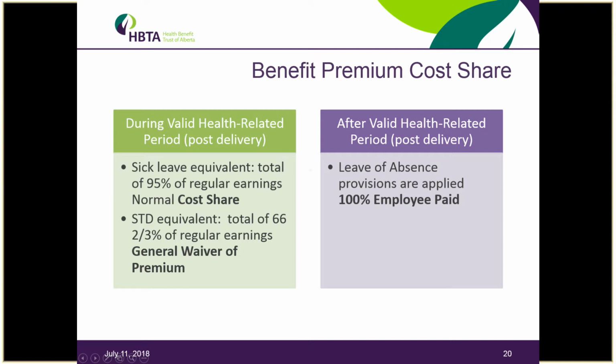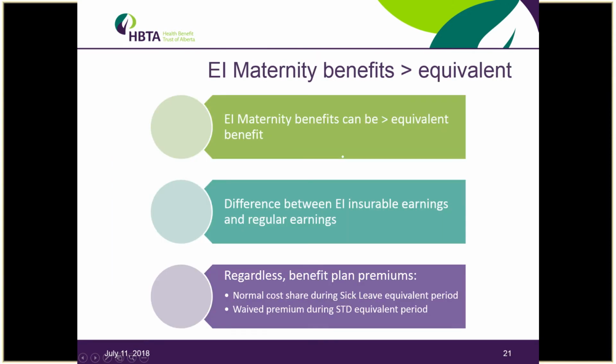Then the valid health related period comes along, so you're messing around with the cost share depending on what's going to happen. And then once the valid health related period is over, then of course the employee is responsible for 100% of the premium again. So it can get labor intensive and complicated.